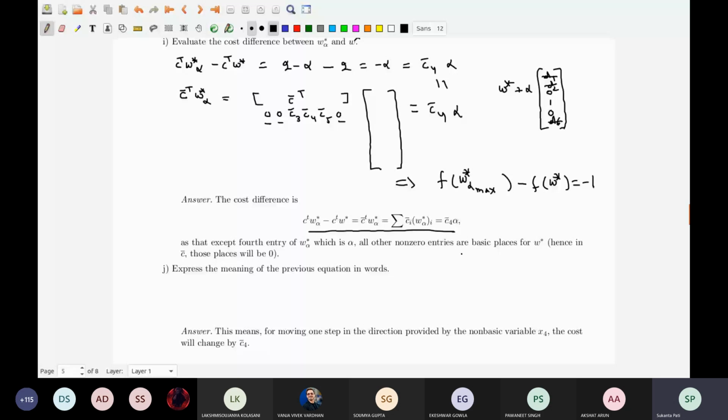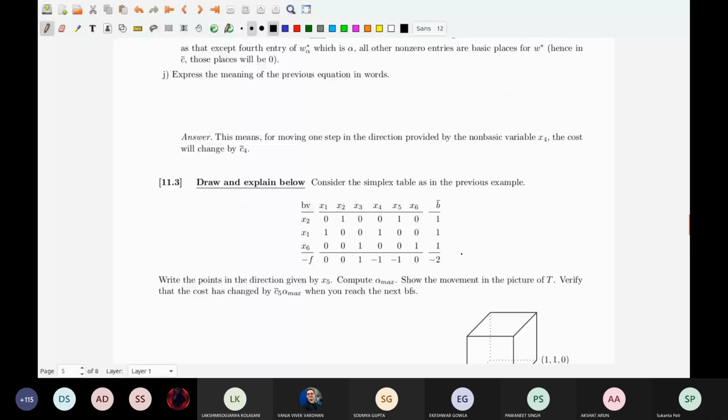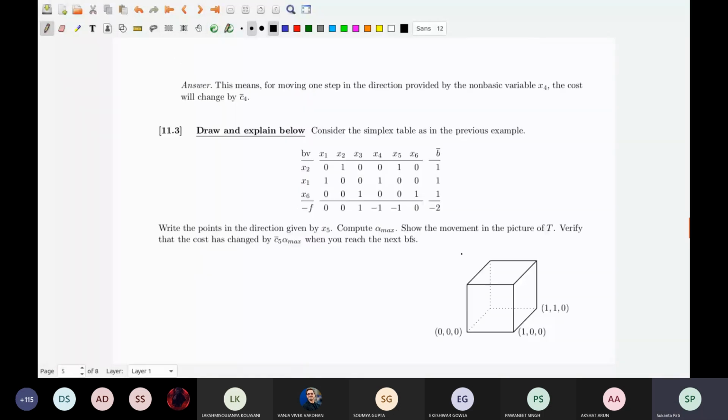What would have happened had I chosen x5? First of all, what is the direction given by x5? If you remember what you have to do, the direction will be of this form.